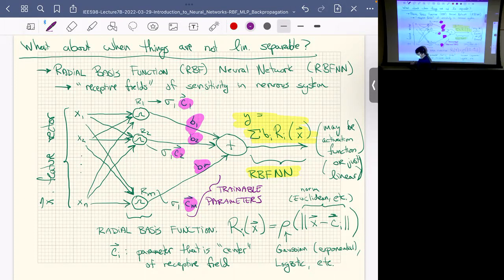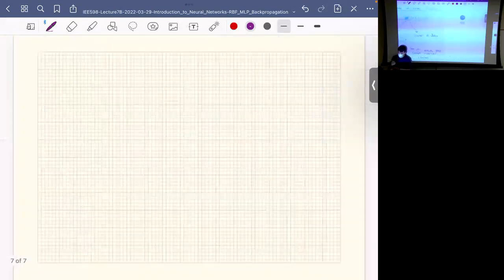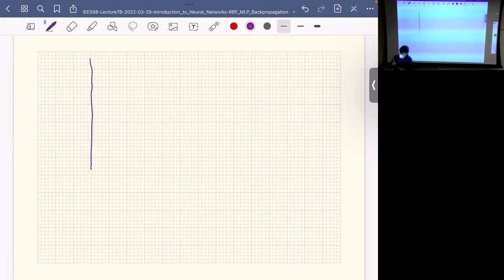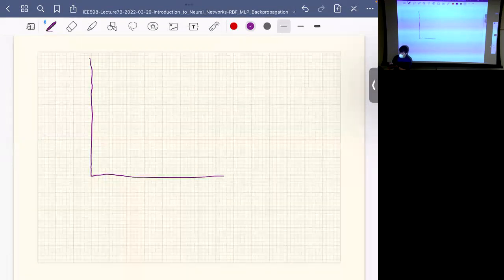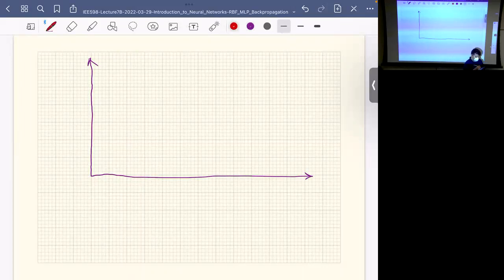Well, the idea of what you're doing here is, if I were to imagine, for example, a non-linearly separable space. So let's say, just as a simple case, I wanted to classify two groups.